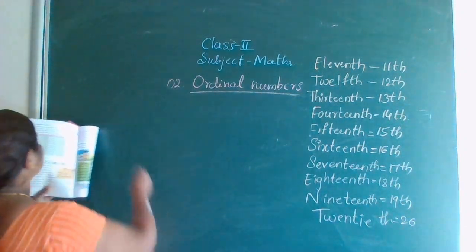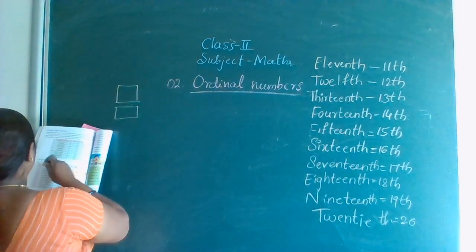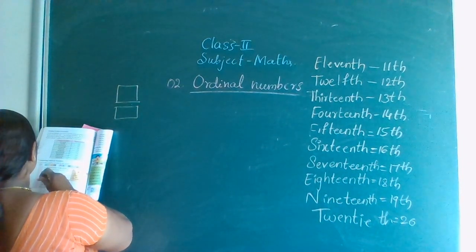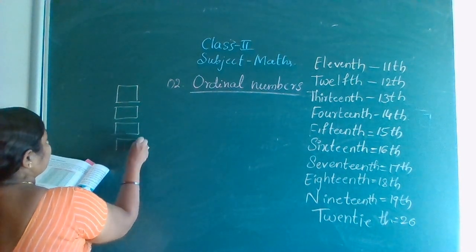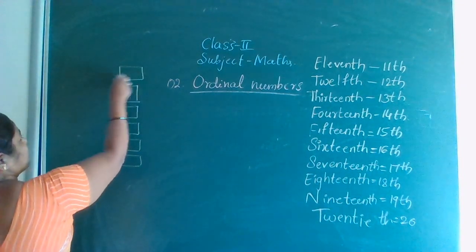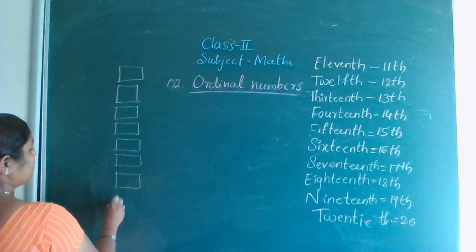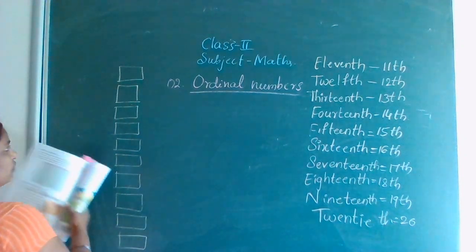How many boxes? 1, 2, 3, 4, 5, 6, 7, 8, 9, 10.